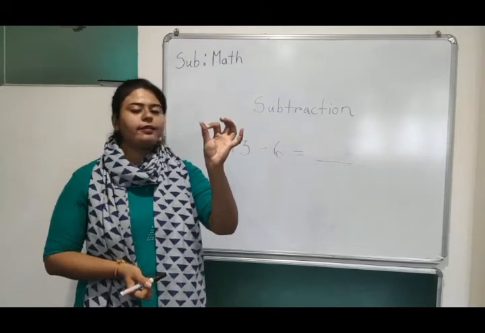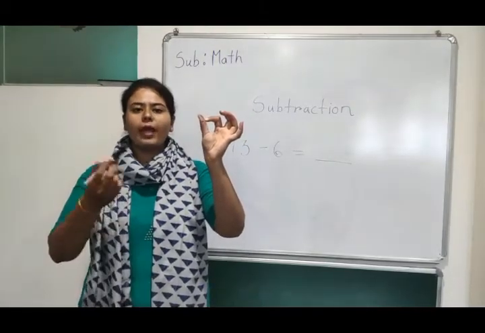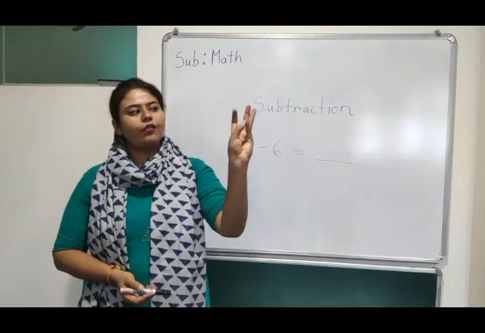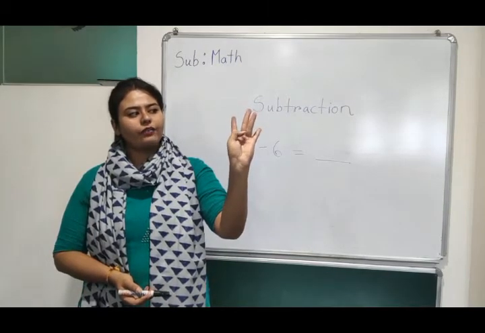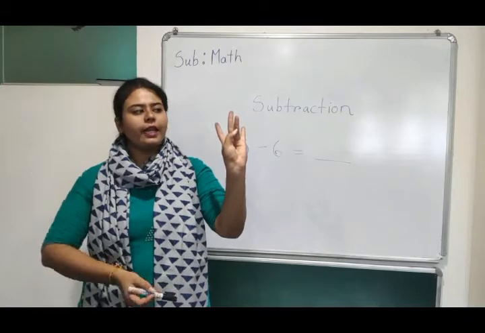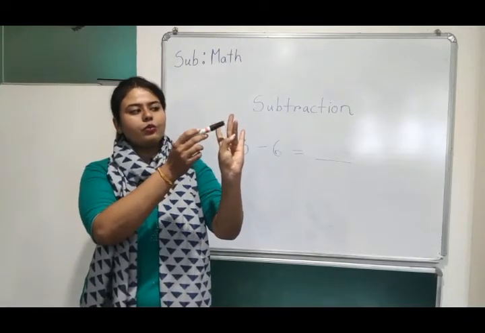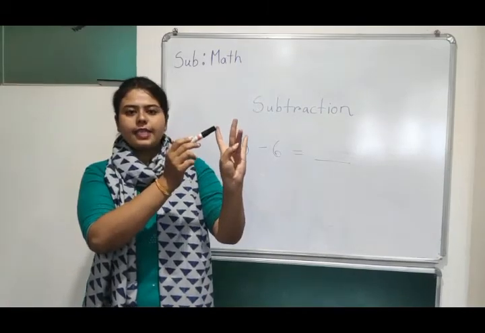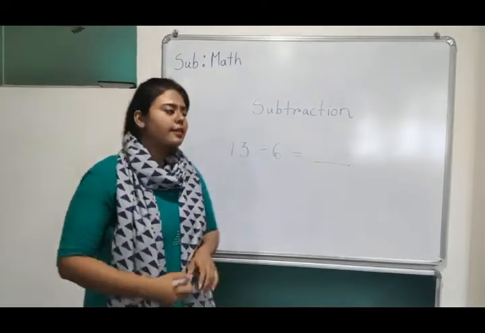Now I will minus 6. So I will go backward. 1, 2, 3, 4, 5 and 6. How many are left? 1, 2, 3, 4, 5, 6 and 7. So the answer is 7.